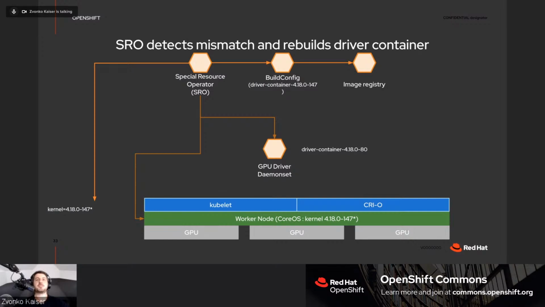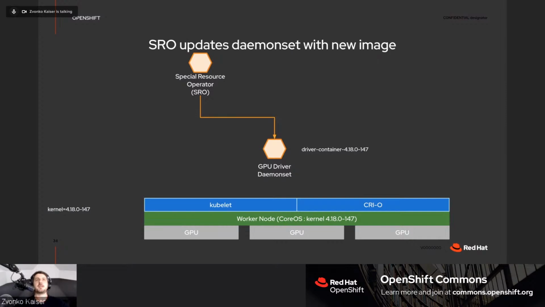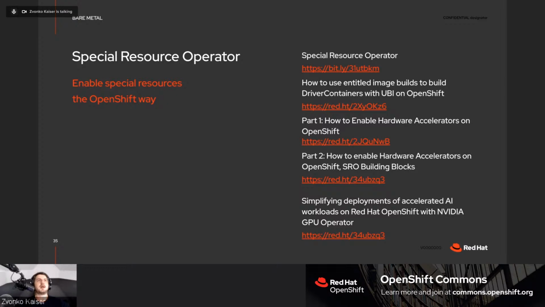SRO will update the GPU driver daemon set, add the new version, and this new version will be pulled by the driver daemon set, restarted, and the complete stack will be also restarted so that all those new changes that are coming with the driver are applied to the complete stack that is already deployed.